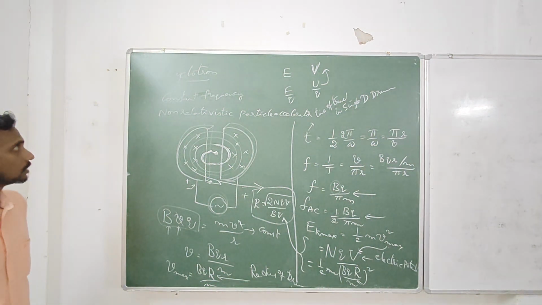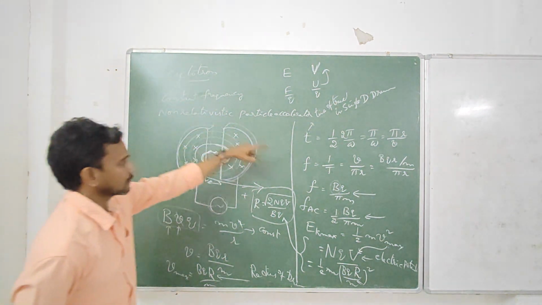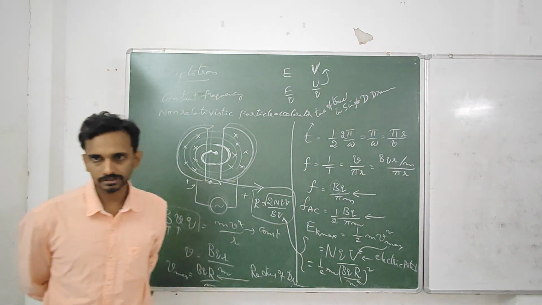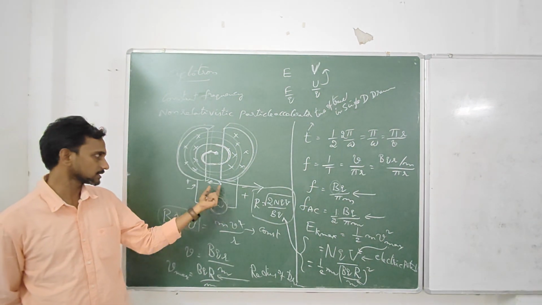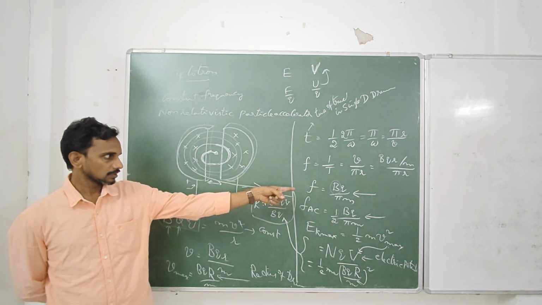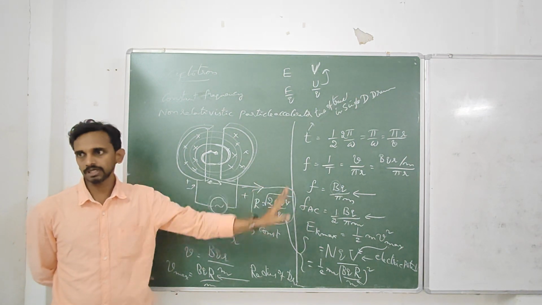Okay. So as long as this magnetic field, charge and mass are constant, this frequency remains constant. So the frequency of this electric field remains constant as long as you keep the magnetic field constant, charged particle is already constant, mass is also constant.